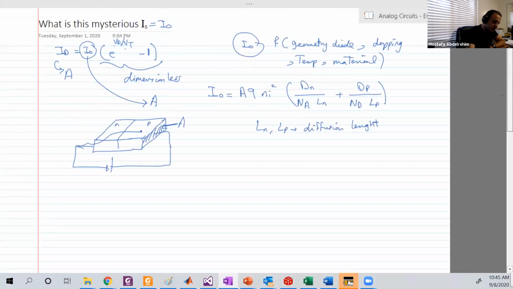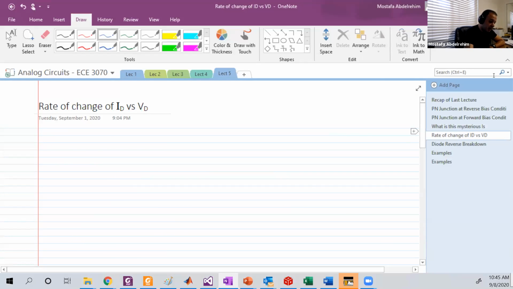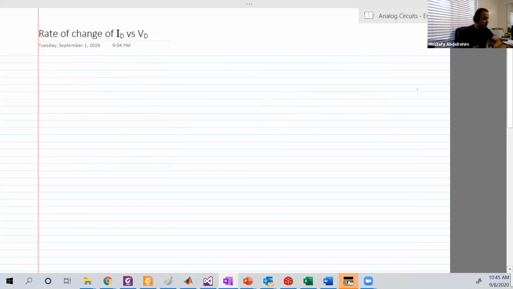What else can we see? That's all for this I naught. Another observation is the rate of change of ID versus VD. Let's have an example, and this is very important also. Let's assume Is, or I naught, whatever you call it, is 10 to the minus 6.